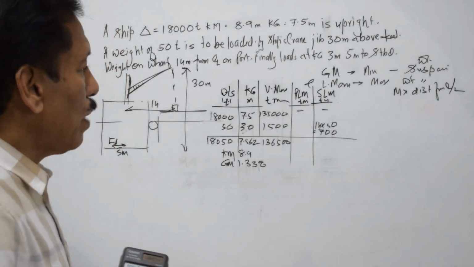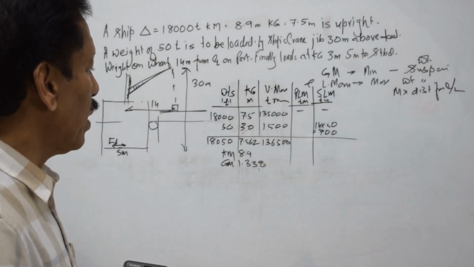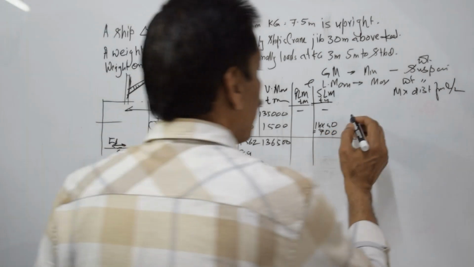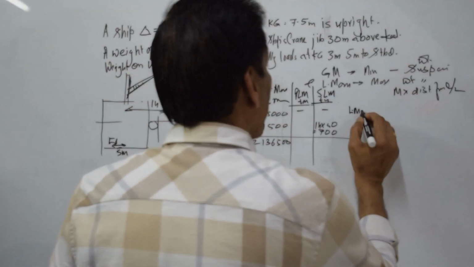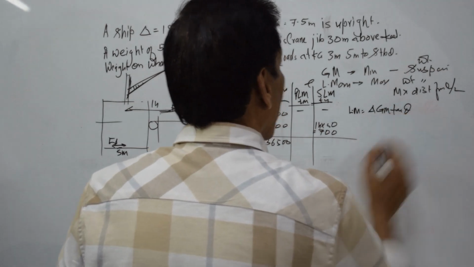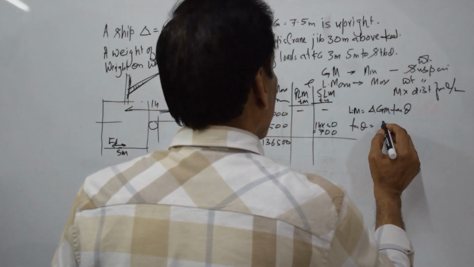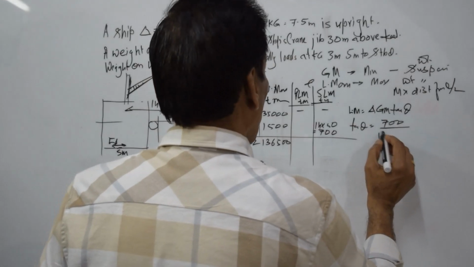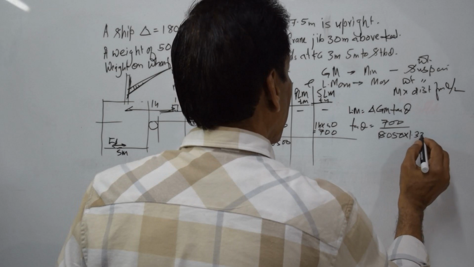So we have a listing moment of 700 tons meter and we have a GM of 1.338. Displacement is 18,050. We have a standard formula, and that standard formula is listing moment is equal to delta GM tan theta. And therefore tan theta will be listing moment, that is 700, divided by delta GM, that is 18,050 multiplied by 1.338.